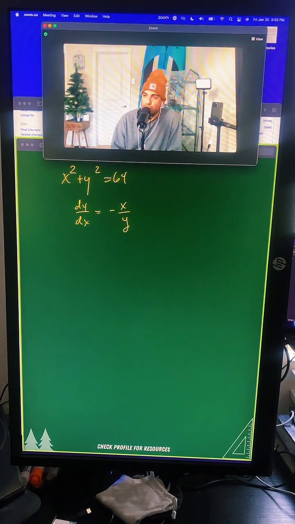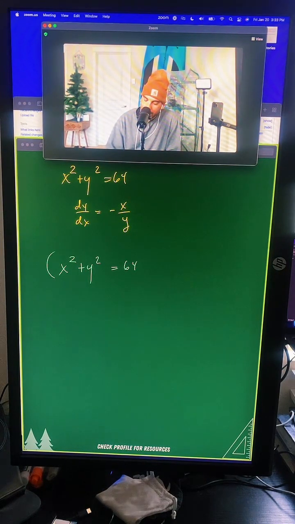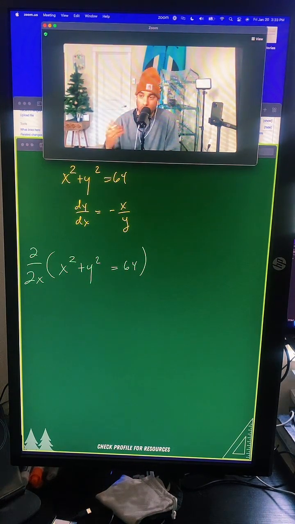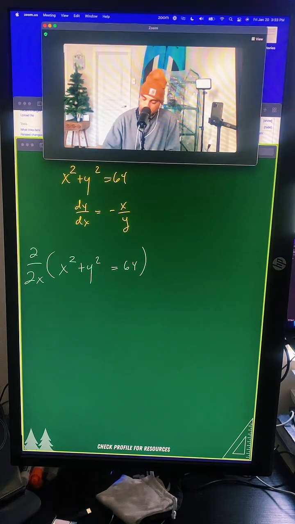Now we're going to talk about why I'm doing this and how it relates to partial derivatives. I'm going to take the partial derivative of this function in terms of x. Every time we take the partial derivative, you treat every other variable like a constant.